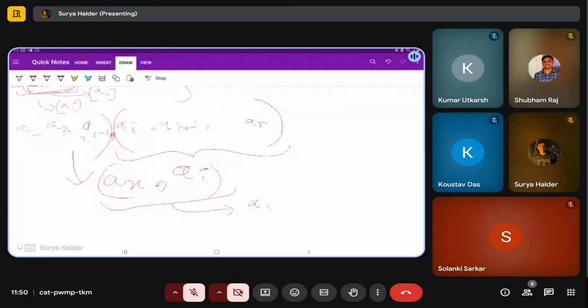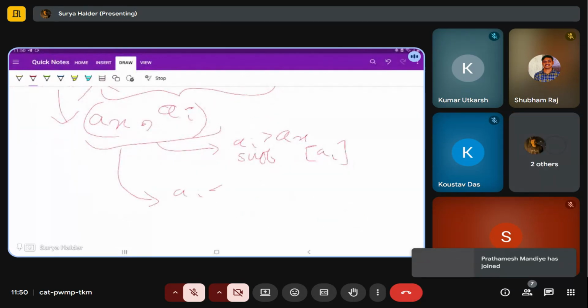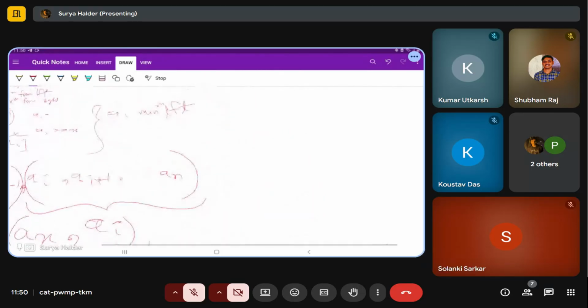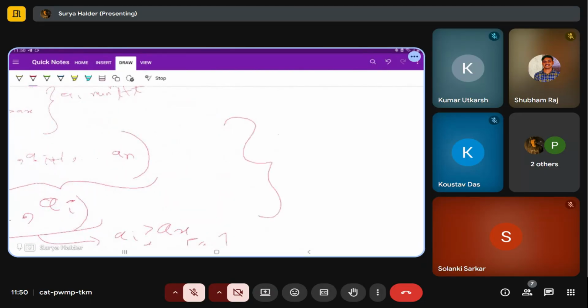Like if a of I is greater than a of x, then I will take the suffix operation and then reduce it to a single element a of I. And if a of I is smaller than a of x, then I will take the prefix operation and then I will replace it with a single element that is a of I. Correct? So this was the case 2 operation where a of I is maximum from right.